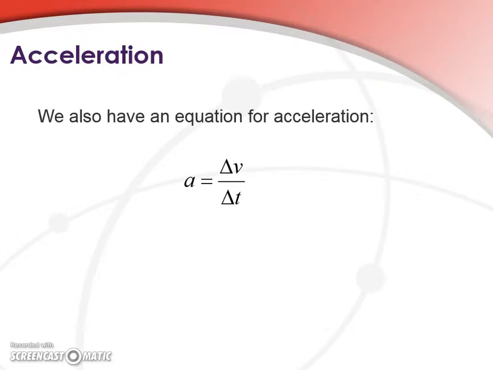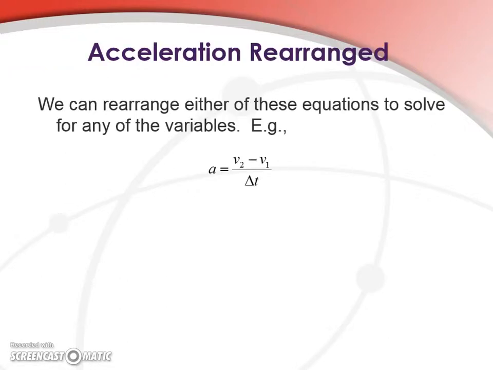Acceleration is the change in velocity over change in time, over the time interval. And of course that can be rewritten as v2 minus v1 over delta t. No great shock. We can rearrange any of these equations as we've done in math class. Rearrange any of them to isolate for a given variable.